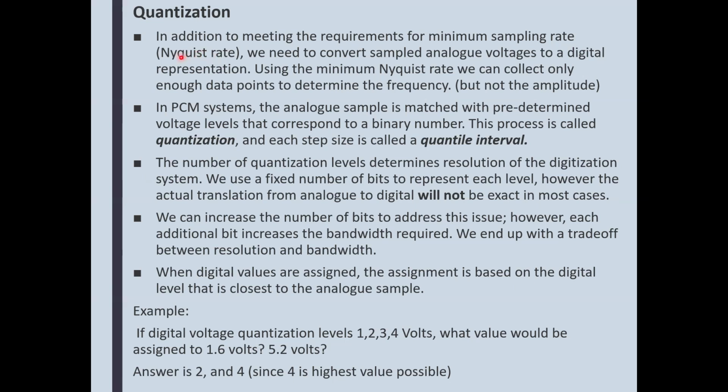But the Nyquist rate is just to get the frequency. We need to convert simple analog voltages to a digital representation. Using the minimum Nyquist rate, which is twice the highest frequency, we can only collect enough data points to determine the frequency, but not the amplitude.